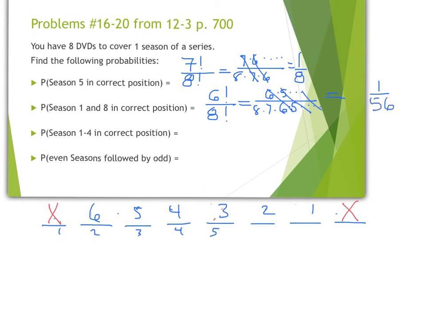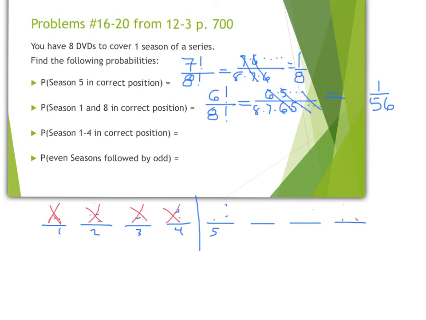Okay, so let's see if we bring a little more to the plate here. What happens if I want to find the probability of season 1 through 4 being in the correct position? Okay, so season 1 through 4 in the correct position means that these are already set.